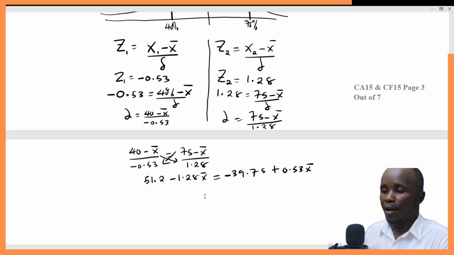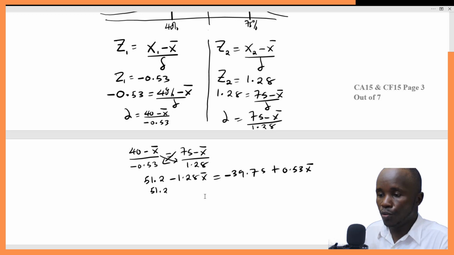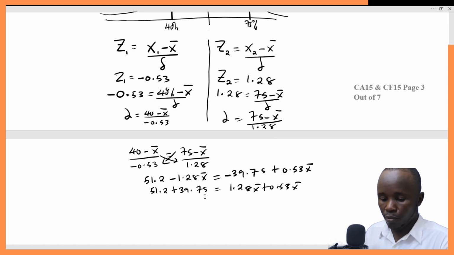Now let's add the like terms. So here we shall have 51.2 plus 39.75 is equal to 1.28 x bar, this is the mean, plus 0.53 x bar. So 39.75 plus 51.2 gives me 90.95.